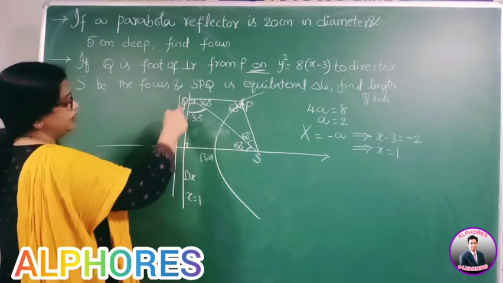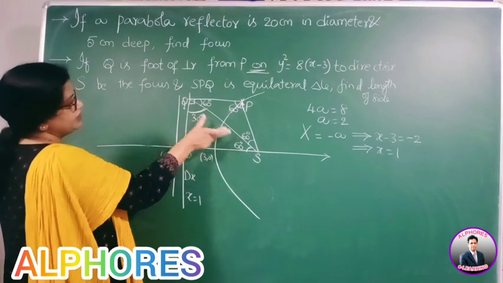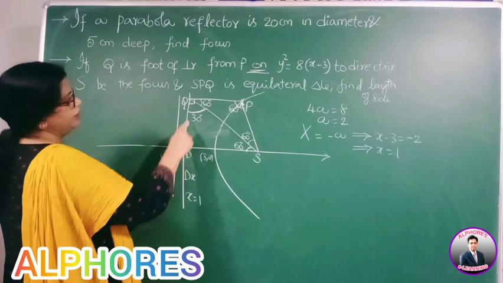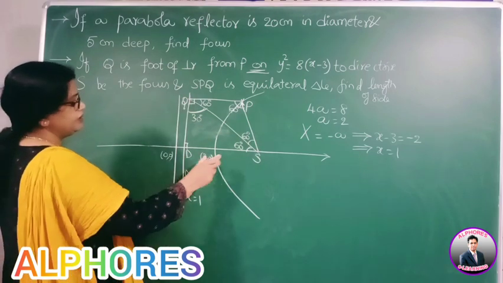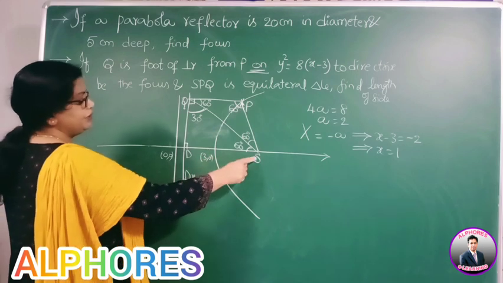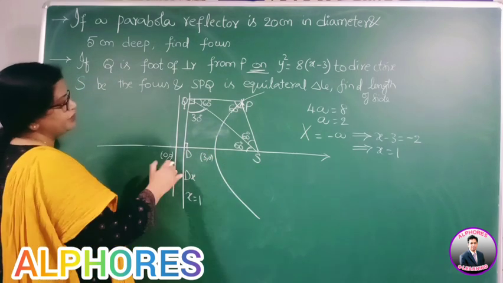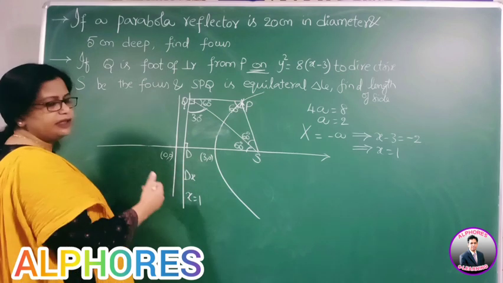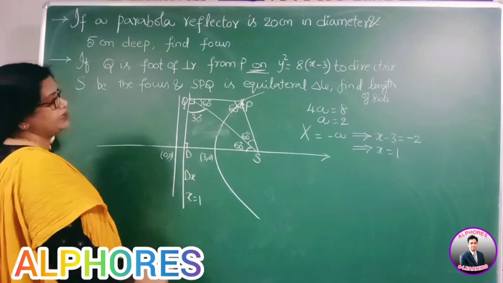If I take this point as D, then sine 60 is QD divided by SQ. This is (3, 0), and from here to here you require the distance, so just find the distance and thereby we can obtain the point.